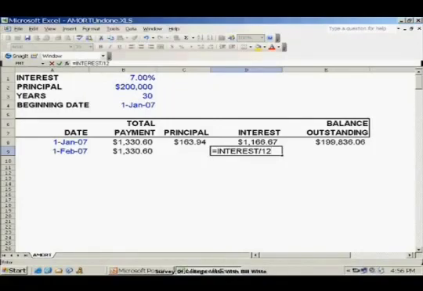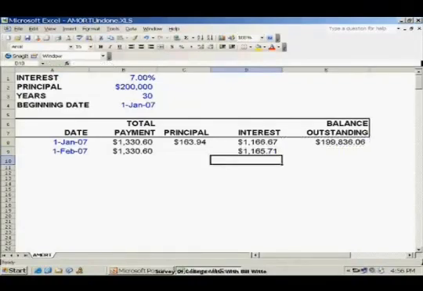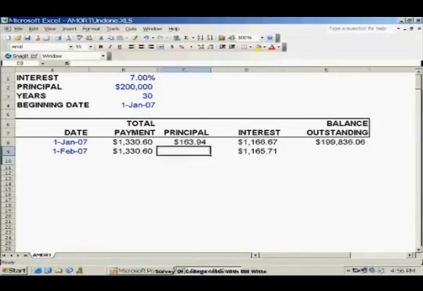And this time, not times the 200,000, but rather times my outstanding balance. Now, do you expect that to be more or less? Since you owe less at this point, it's only a month later, you're going to pay less. So our interest only went down $1.